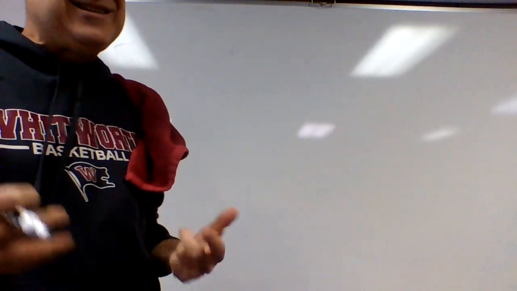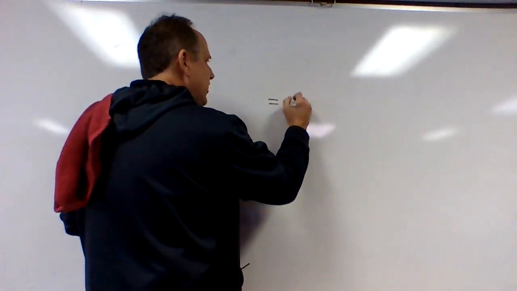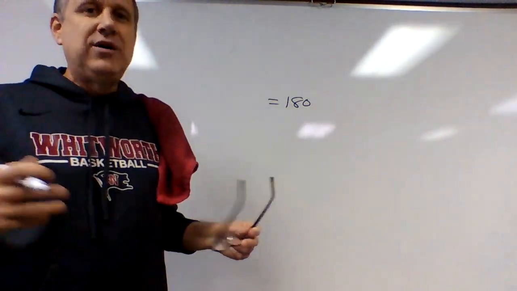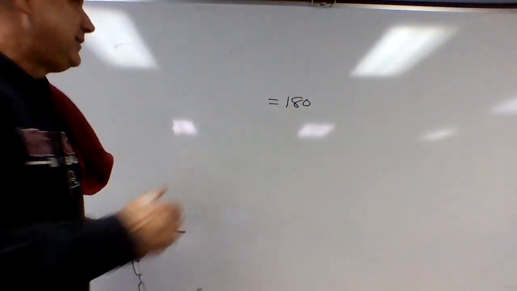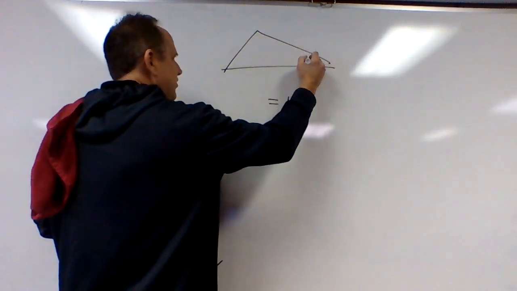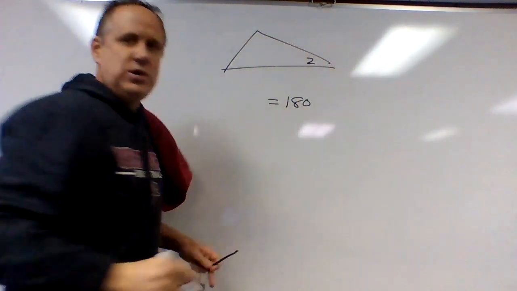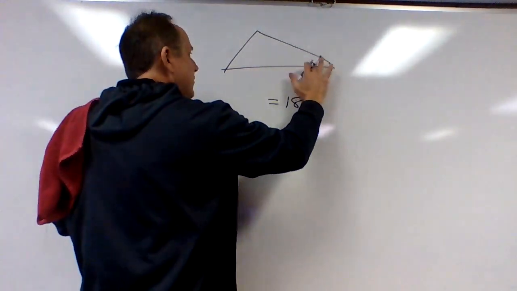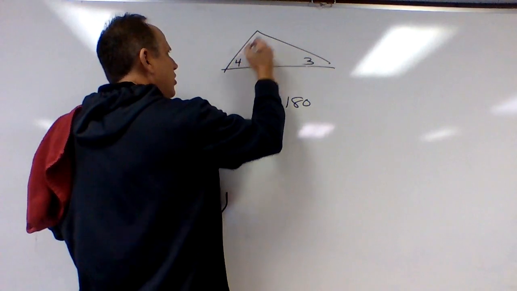In this example, we know that the interior angles of a triangle add up to 180. The ratio of the angles is 3 to 4 to 5.